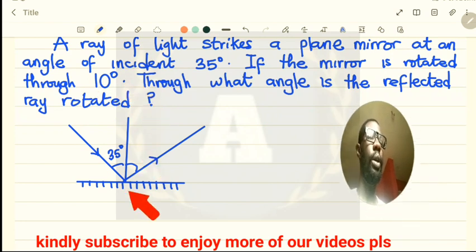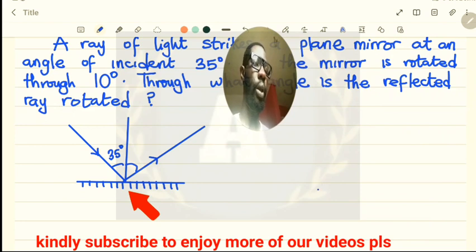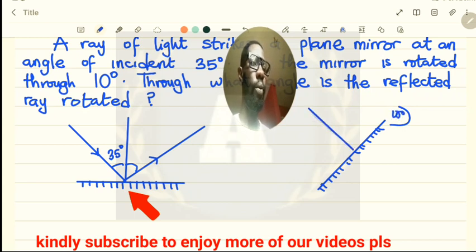Now this mirror is actually rotated through 10 degrees. We assume this is the rotation through 10 degrees. In that wise, we have the diagram in this pattern. This is the incident, then this is the reflected.